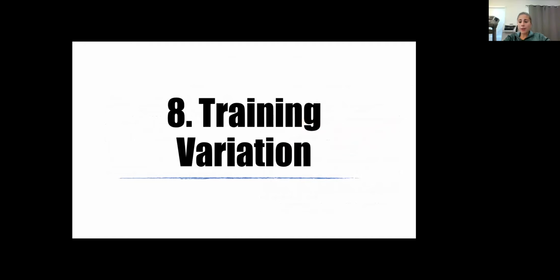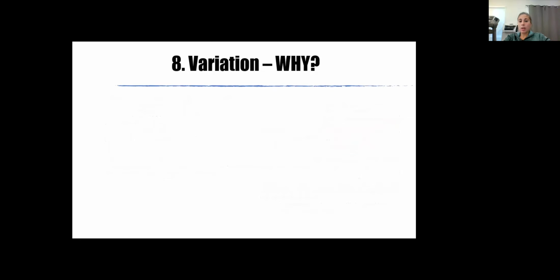So let's look at training variation. This is now going into when we look at a program over time, why do we care about variation? Lots of important things, right? This is not doing the same workout every day for 3 months and that's it. We need to add variation. So variation of exercises, how we perform them.